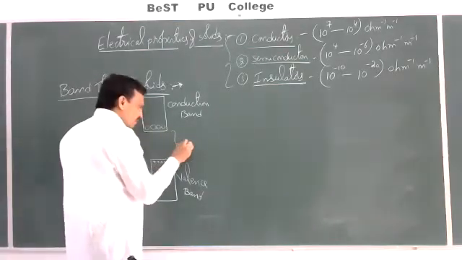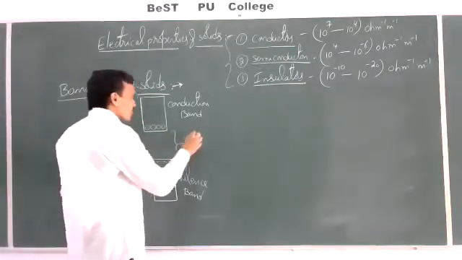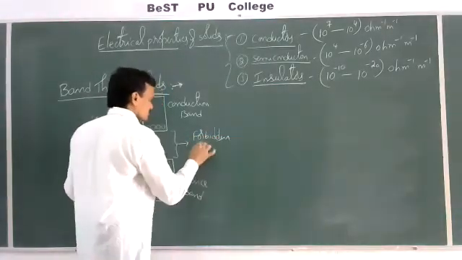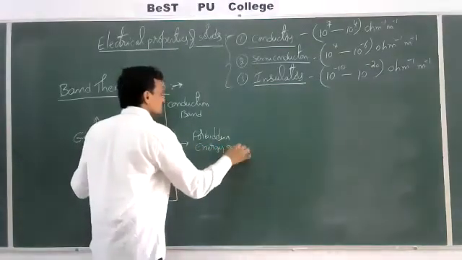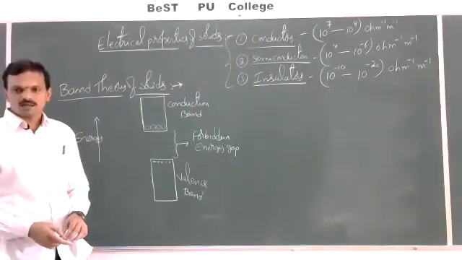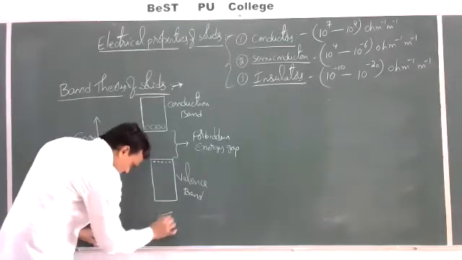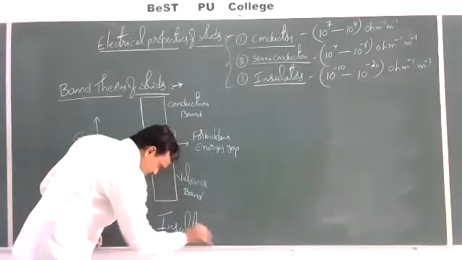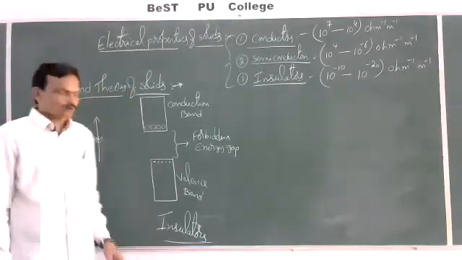The energy gap between the valence band and the conduction band is nothing but the forbidden energy gap. See, in case of insulators, the forbidden gap is more.